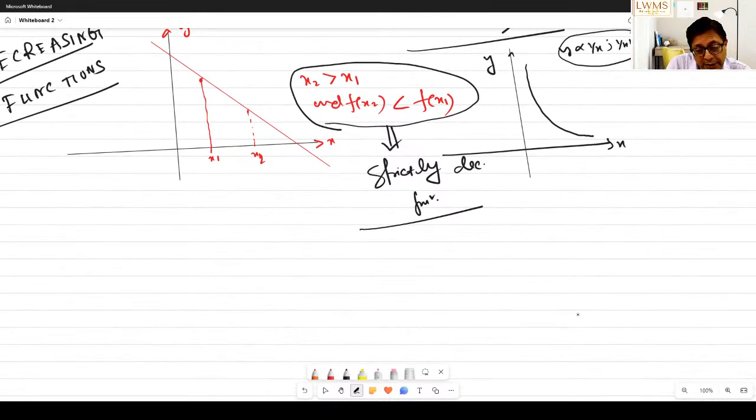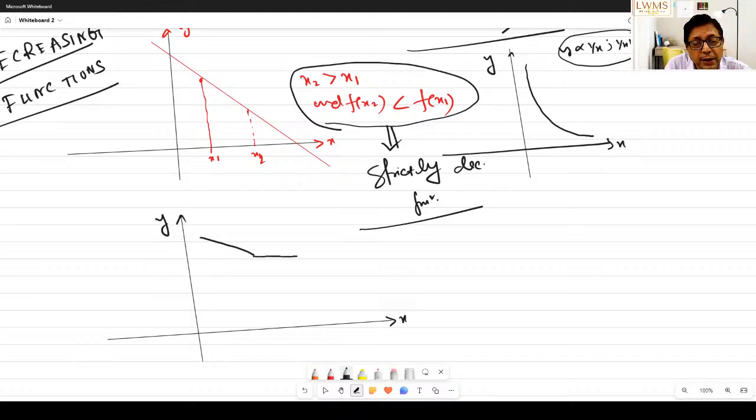But a function may be only decreasing also. That's why the graphical approach is important. You will always be able to see why this one is just a decreasing function, not strictly decreasing.